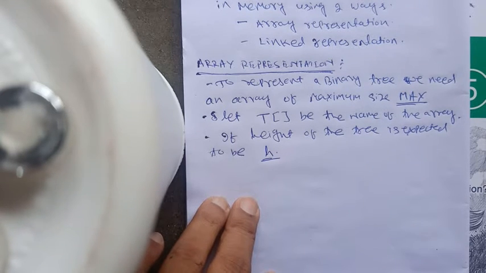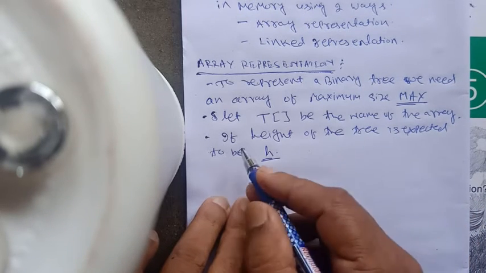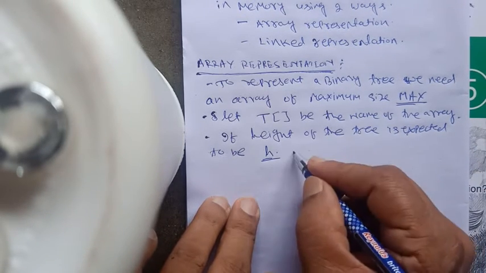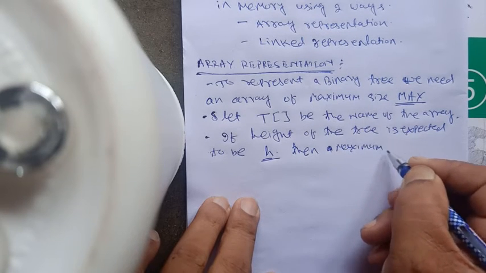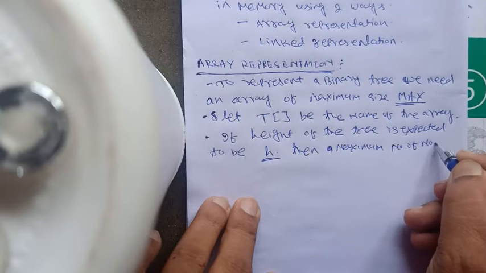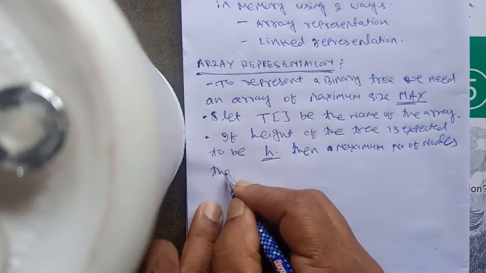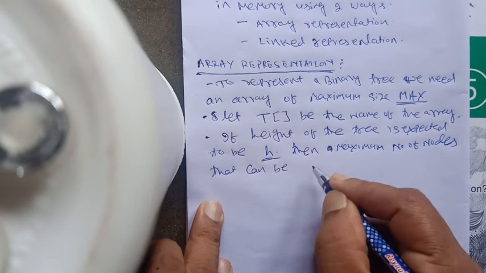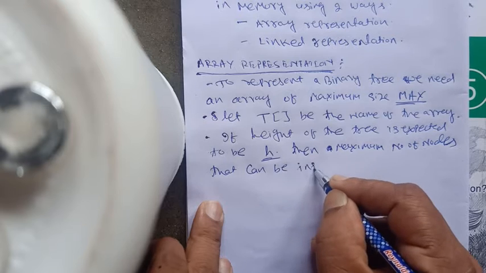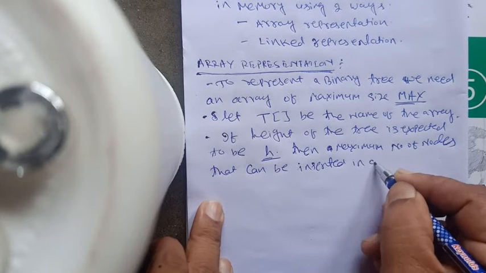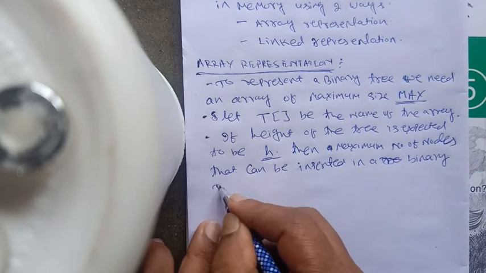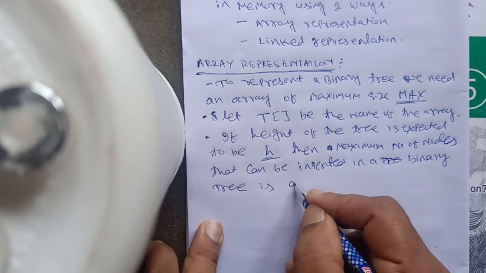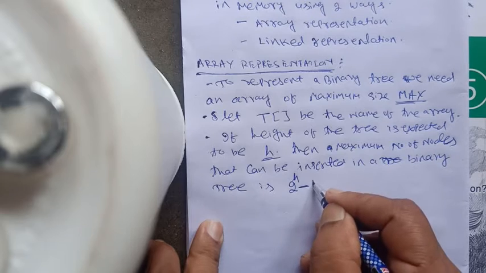In the properties of a binary tree, I told you that if the height of the tree is h, then the maximum number of nodes that can be inserted in a binary tree is 2 to the power h minus 1.